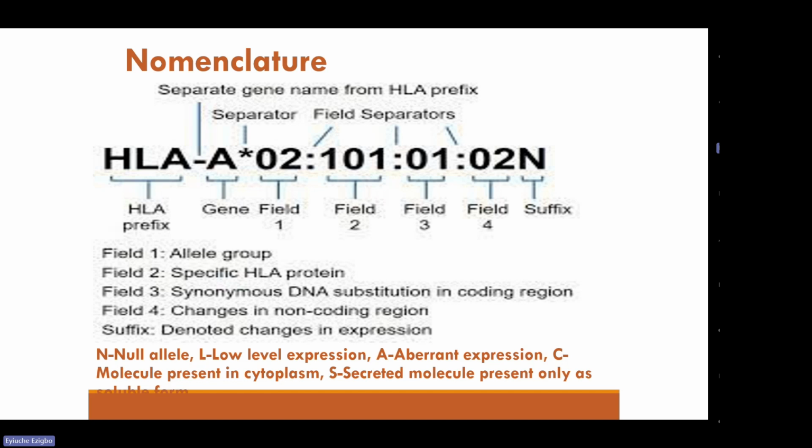If it is S, it means a secreted molecule present only as a soluble form. So this is like the IUPAC nomenclature for the MHC complex. That is what you can use to really know what is happening here. So that's all.